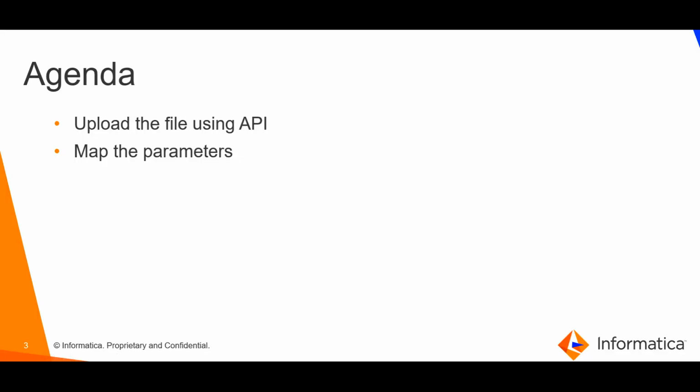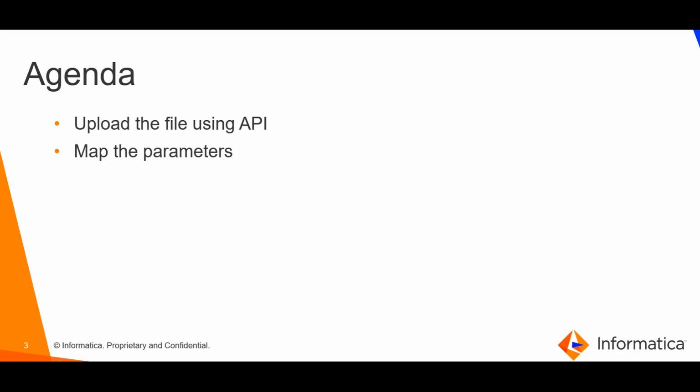Before proceeding further, let us take a look at the agenda for this video. Firstly, we will be creating a REST API request to upload the file. Once the file is uploaded and we have received a pointer to the file, we will use that to map the parameters by creating another API request.